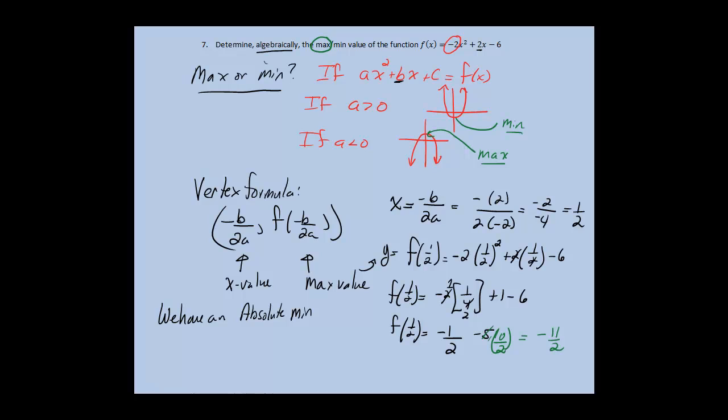We have an absolute min at an x value of 1/2, and the value itself is -11 over 2. So this is the min value. If you want to be safe, you could just say you have an absolute min that occurs at (1/2, -11/2).